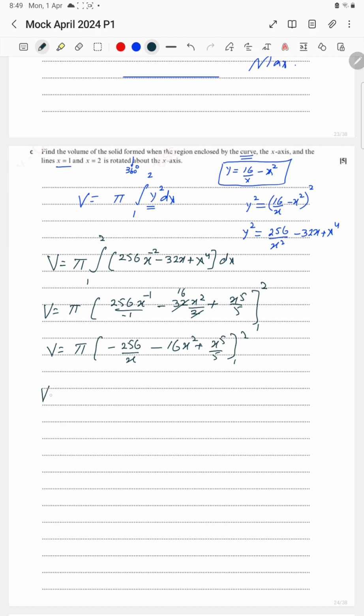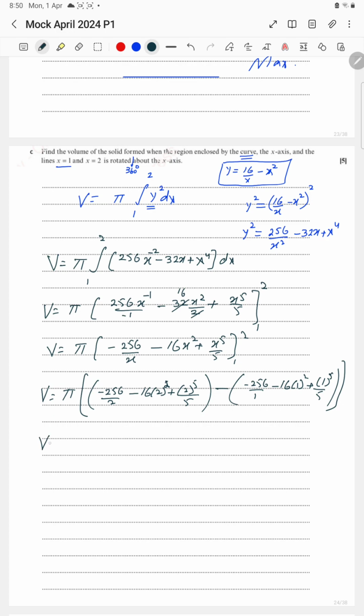Now apply the upper limit. We get minus 256 by 2 minus 16 into 2 squared plus 2 power 5 by 5, minus the lower limit, minus 256 by 1 minus 16 into 1 squared plus 1 power 5 by 5.